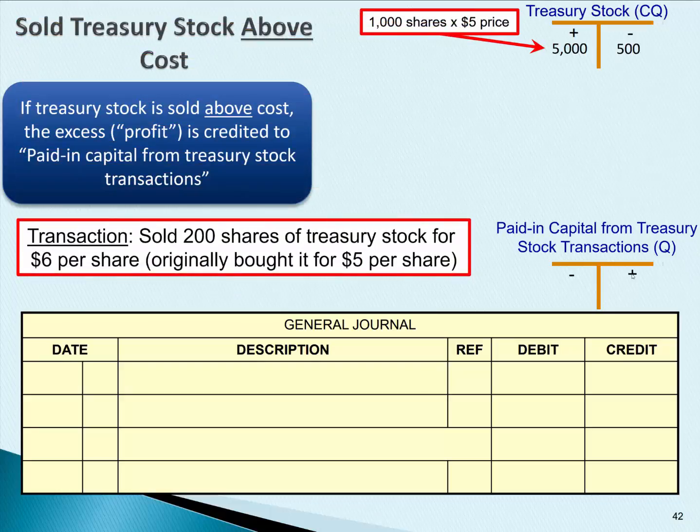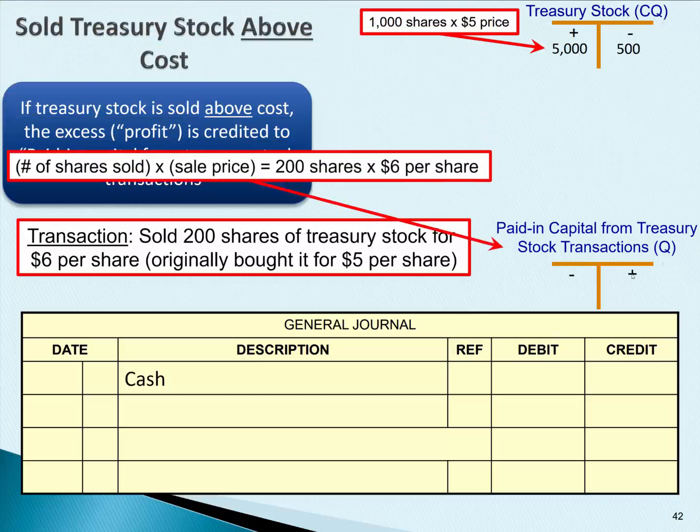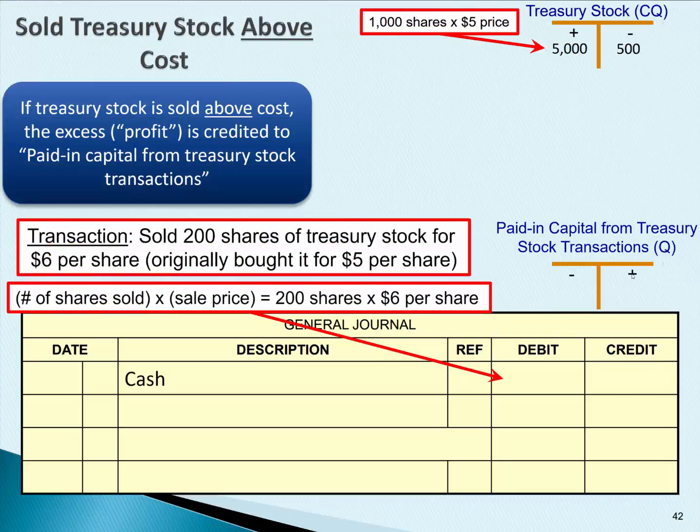So here's a transaction. We sold 200 shares of treasury stock for $6 per share. Remember, we originally bought it for $5 per share. So we need to record our cash. It's going up, of course. 200 shares times $6 per share gives us a $1,200 debit.